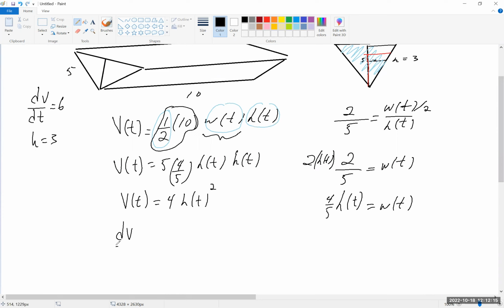So I've got dV/dt is equal to 8 h of t times the derivative of h with respect to time.